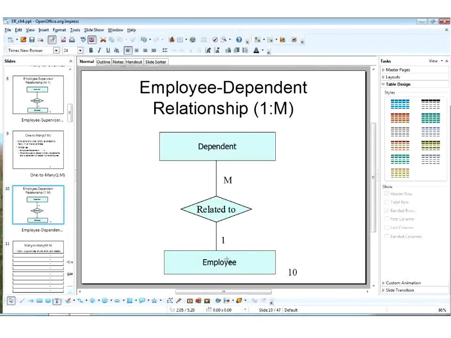And here's an example. One employee can be related to one or more dependents, and each dependent is related to one and only one employee. Okay? M and 1.